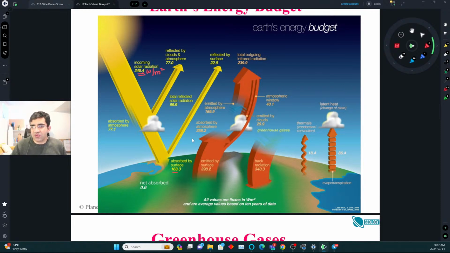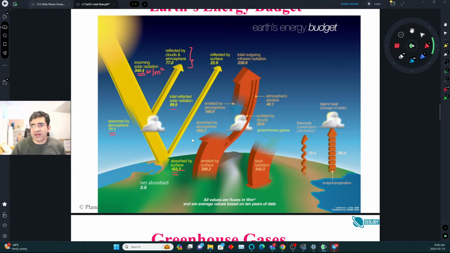We're talking about that much. And the surface, I'm not talking about the whole earth, on average receives only 163 watt per meter square. Some of it is absorbed, some of it is reflected directly by the clouds. Roughly 30% of it is reflected, and the atmosphere also absorbs some part of it.